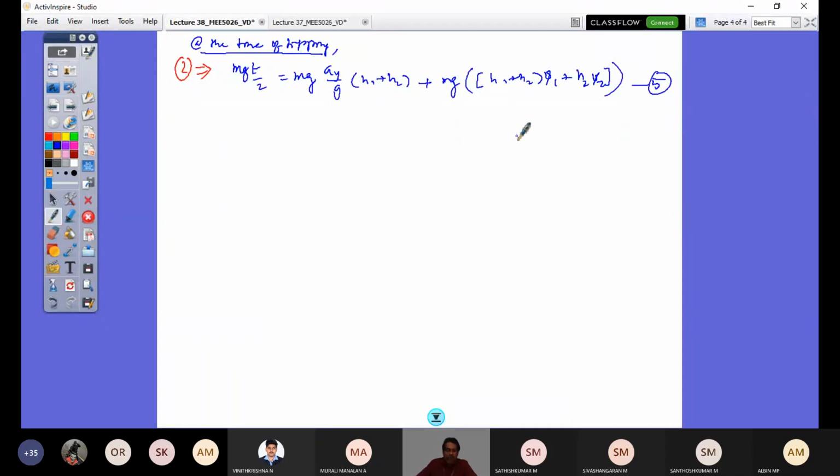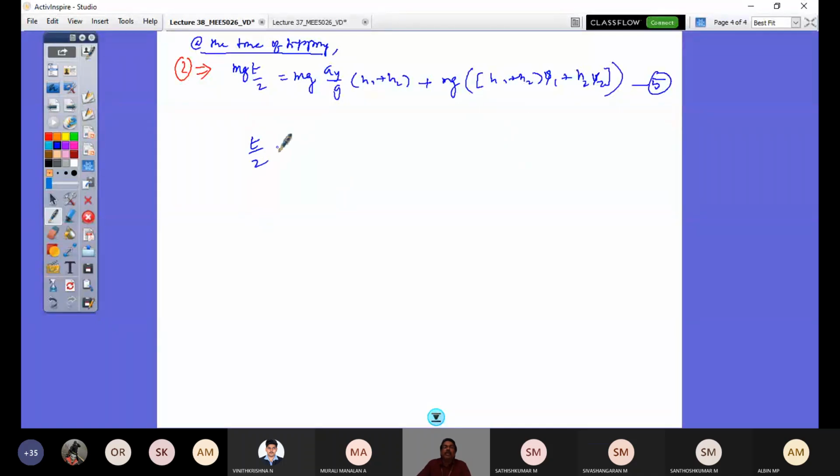In this equation, I am going to manipulate it so that I can express the threshold values of the permissible phi 1 and phi 2. For that, let me divide this entire equation by mg on both sides.